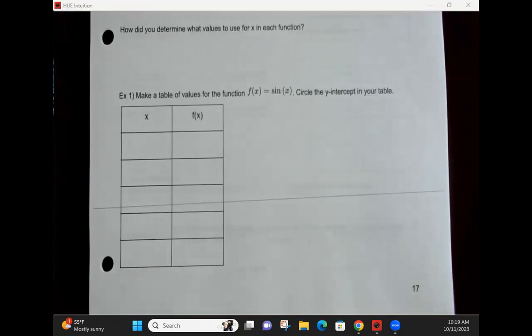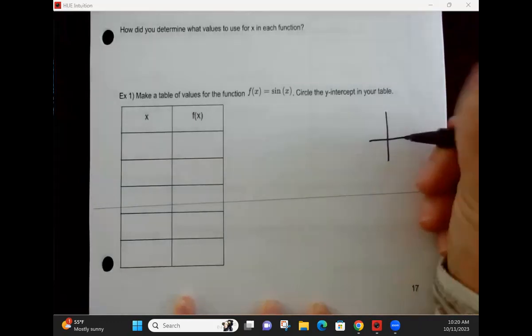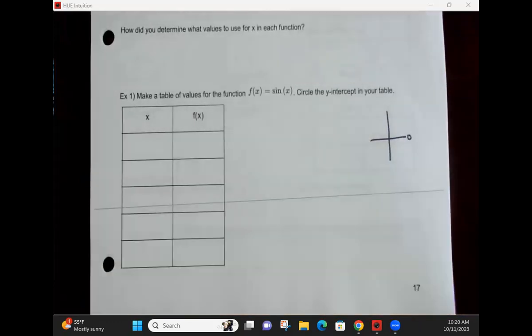Could I use 0? Think about our unit circle. 0 on there? Yeah, it is. I can use 0. Let me sketch my unit circle off to the side here. Sure, we could do 0.